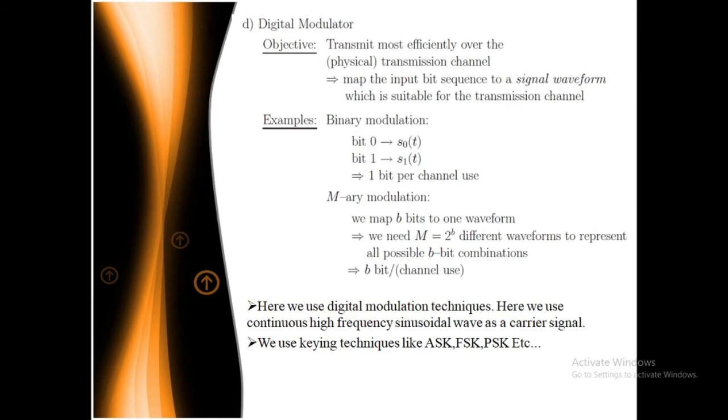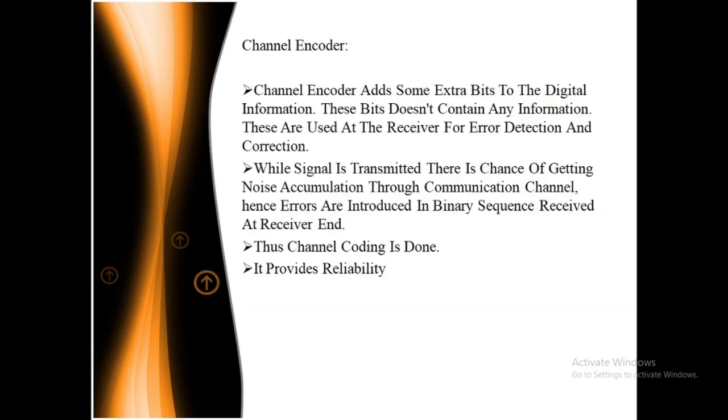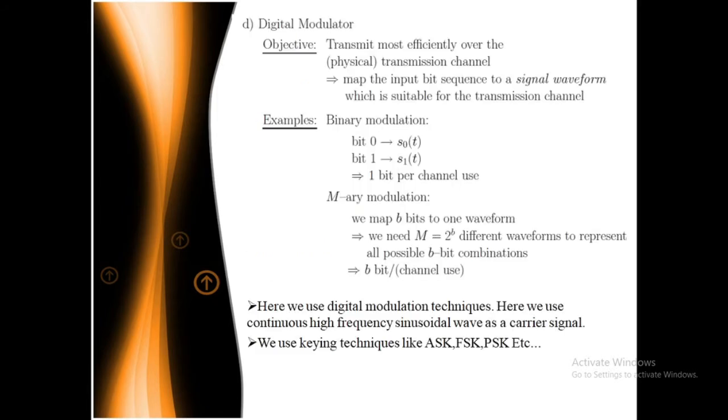Digital modulator. Here we see the decoding at the receiver and not at the transmitter, meaning at the transmitter we are using the coding. Digital modulator: the main objective is to send the original message signal over longer distances by using digital modulation techniques, whether binary modulation or M-ary modulation.